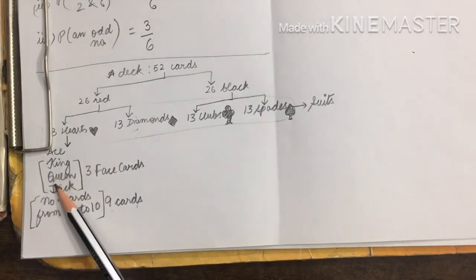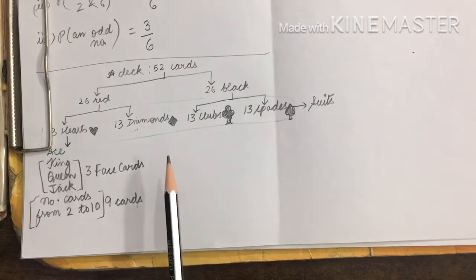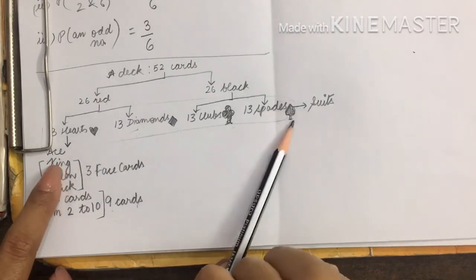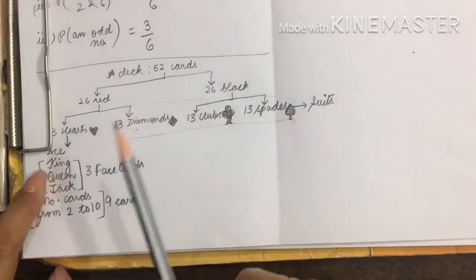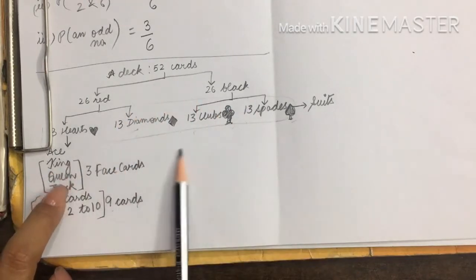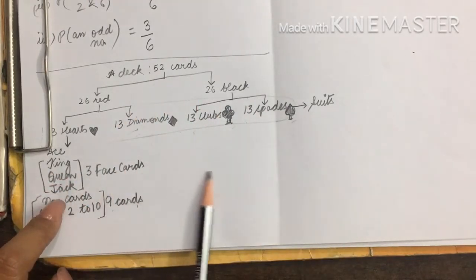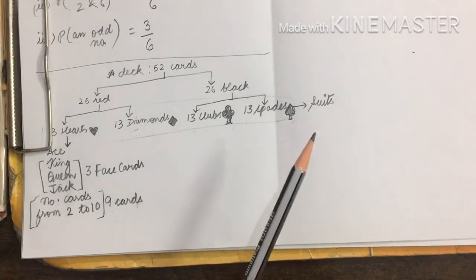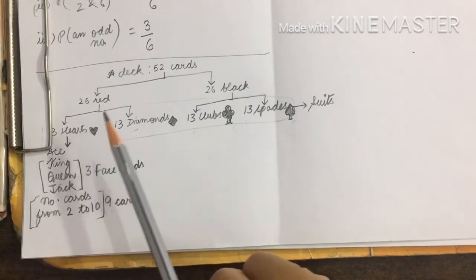And overall there are 4 cards of each value. Ace appears 4 times in the deck, king appears 4 times in the deck, queen also appears 4 times, jack also appears 4 times, and the number cards also appear 4 times, one for each suit.